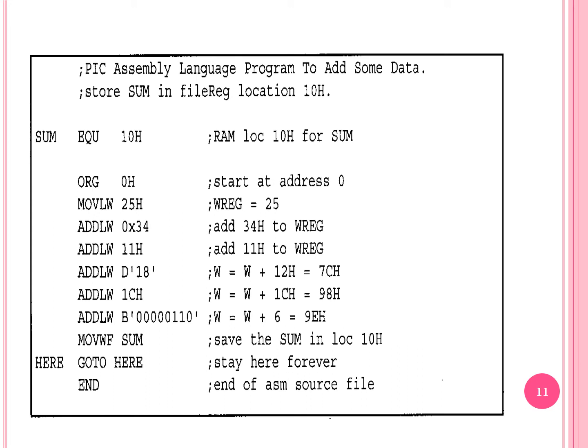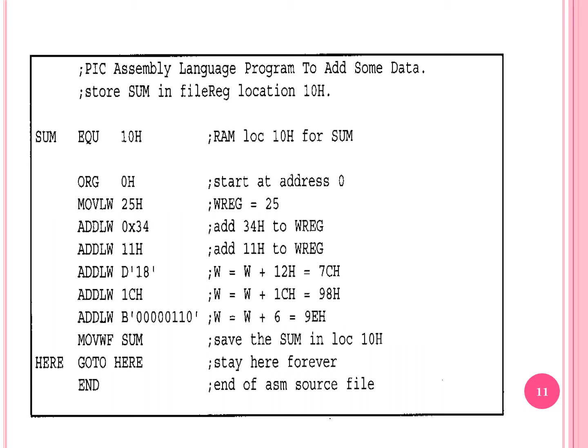Decimal 18 corresponds to 12 hexadecimal. So whatever is in W, in that 12 will get added. Earlier addition is 25 plus 34 plus 11, and whatever is the total sum, in that it is going to add 12H.